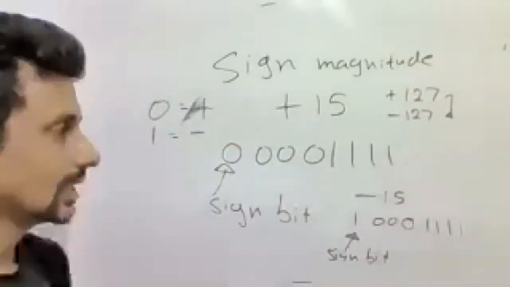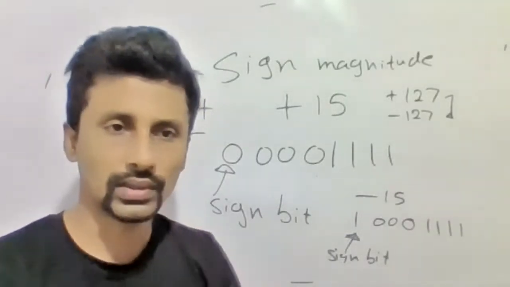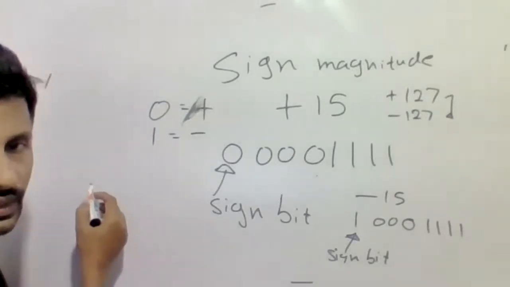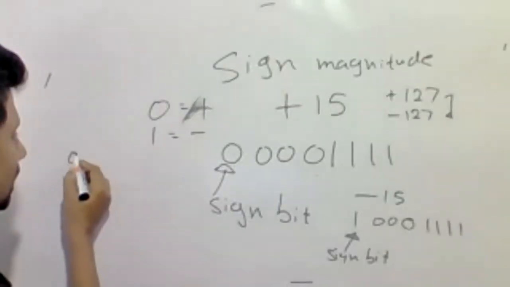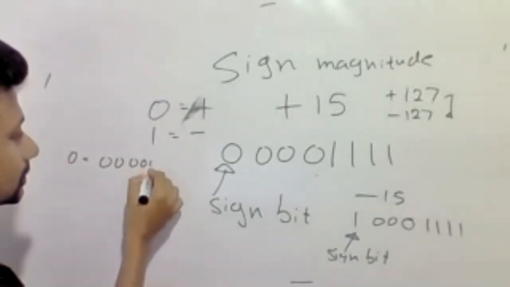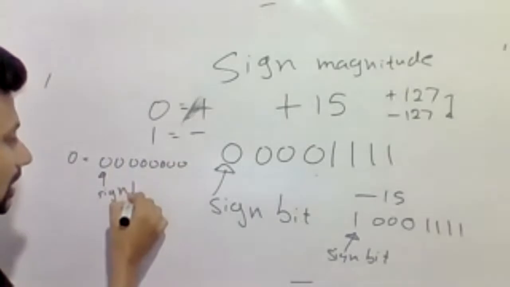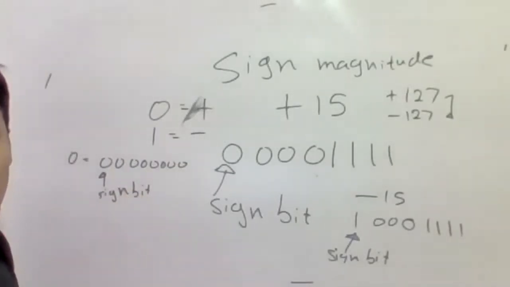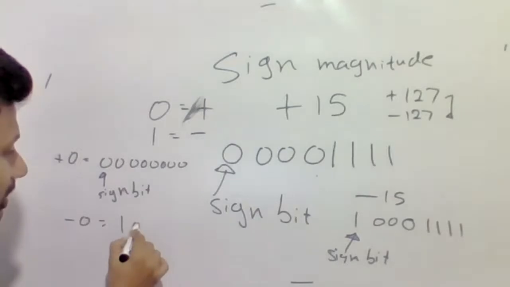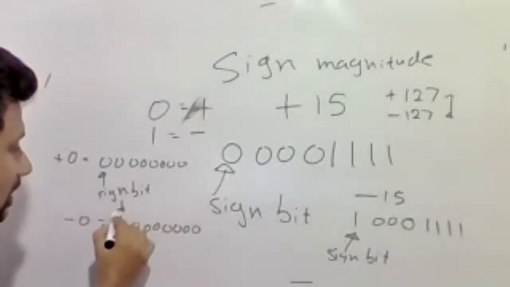The most important thing here, we can represent both positive and negative 0. How does it happen? I write 0 like this. This is the sign bit.